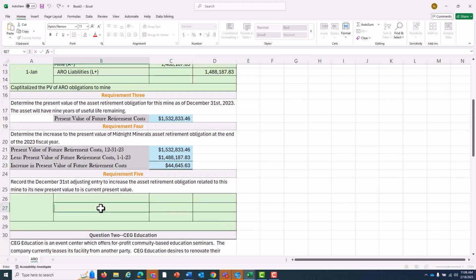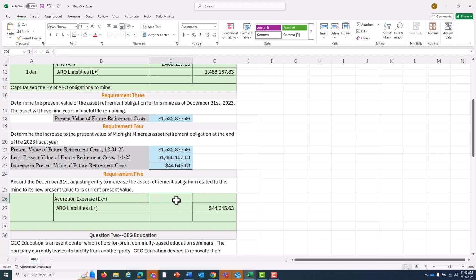So for the credit in here on the second line, that's exactly what I'm going to do. Once again, I'm going to debit ARO liabilities to increase that amount by how much it went up during the year, which was $44,645.63. What is my credit going to be to? I'm going to use an account called accretion expense. And in accounting, the term accretion refers to the periodic increase in the value of either an asset or a liability, in our case, a liability.